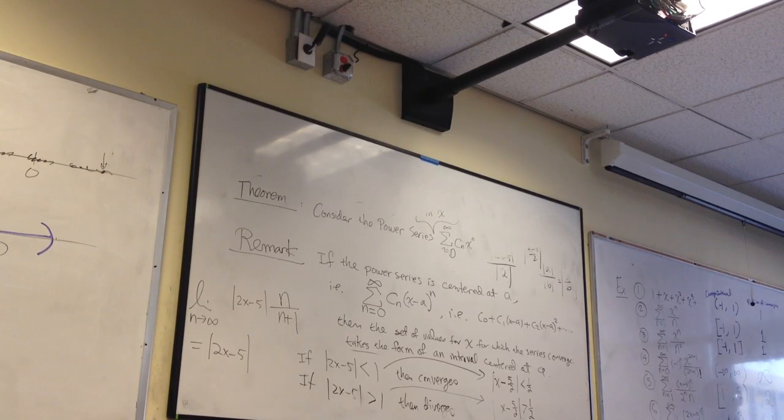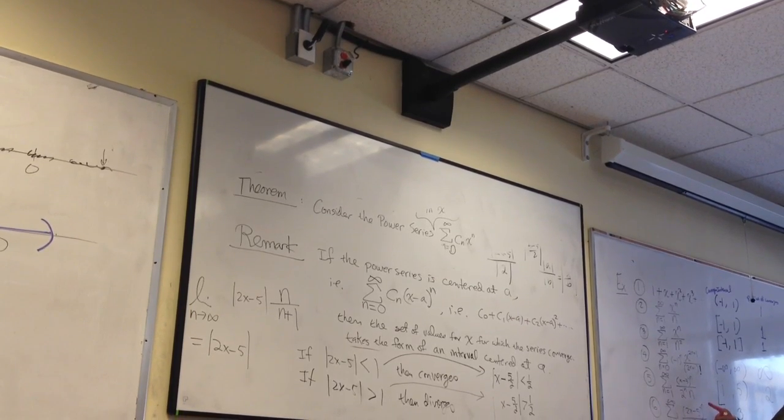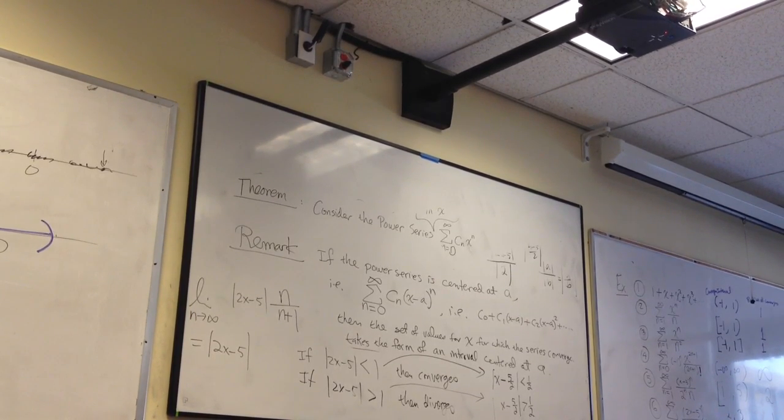Okay, and then we'll investigate the endpoints later. But at least I know the radius of convergence is 1 half. The interval is centered at 5 halves, which is 2.5. When you have 3, what happens? Plug it in. 2 times 3 is 6, minus 5 is 1. So 1 to the nth power is 1, and you get 1 over n, the harmonic series. What? Diverges. How about the left end, 2?